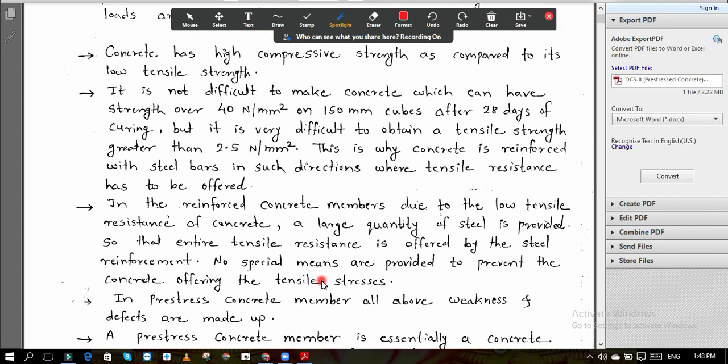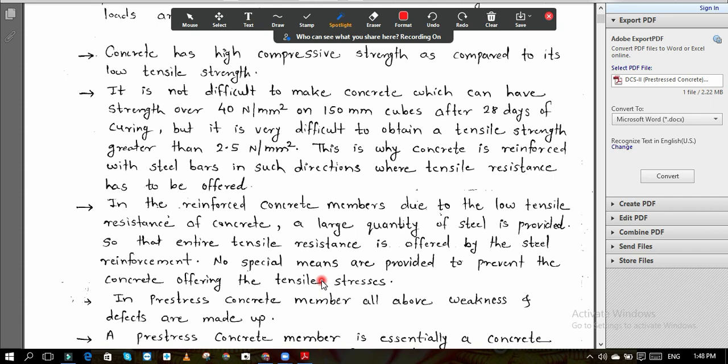Suppose on any beam a large tensile force is acting or tensile stresses are getting developed, then we provide more steel bars there. Why do we provide them? Because while designing these reinforced cement concrete structures, on which basis do we do this design?